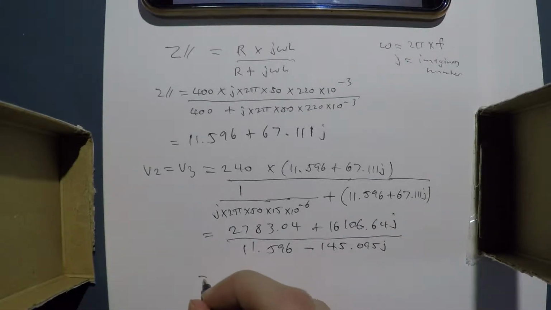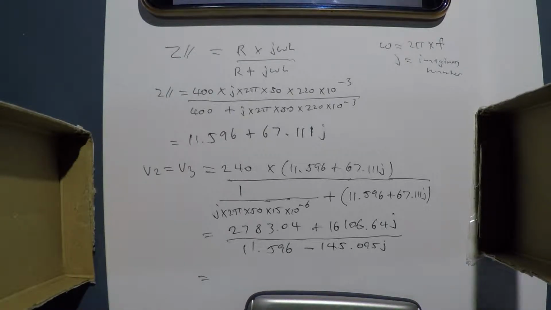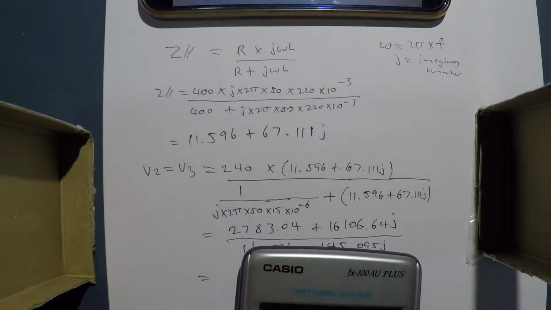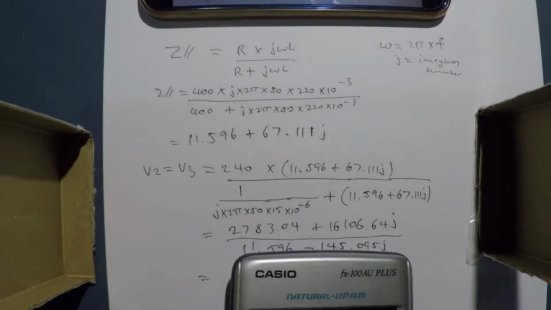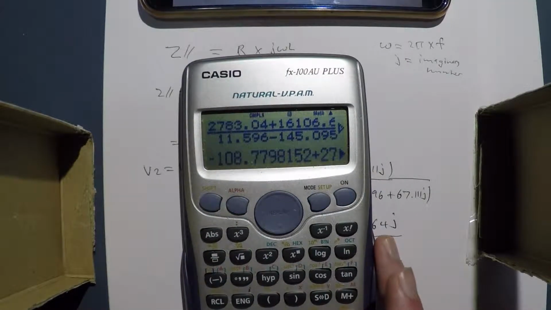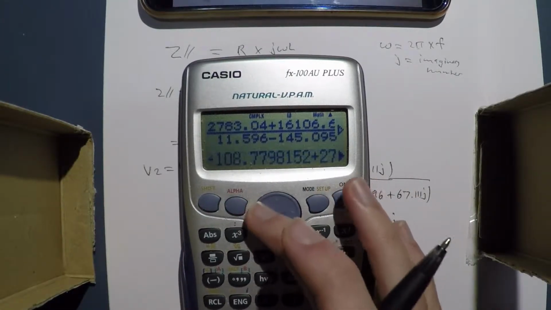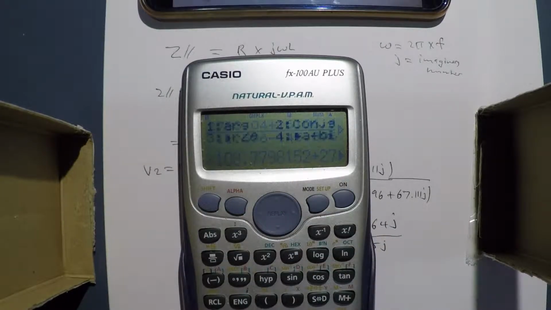Now I'm just going to divide those to get out a number. So it equals that, minus 108.77 plus 27.87J.